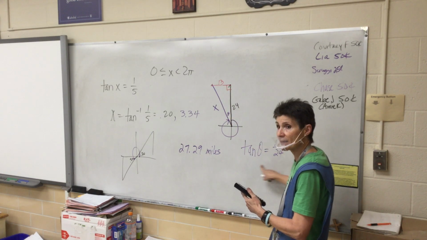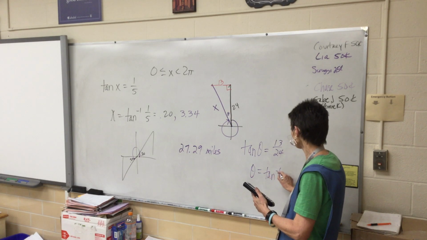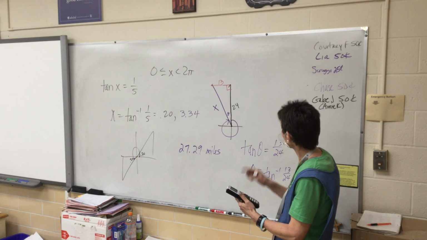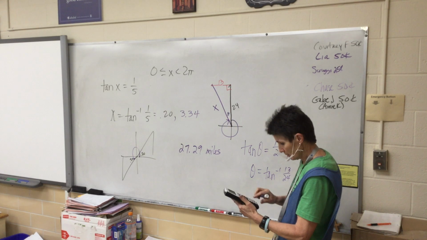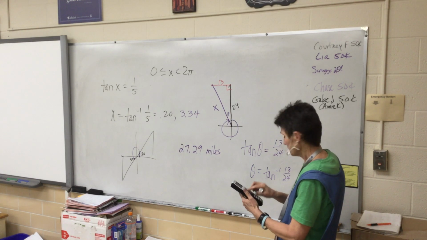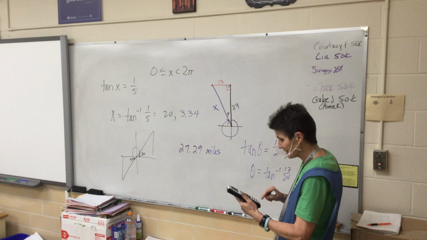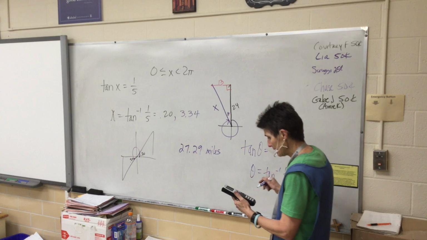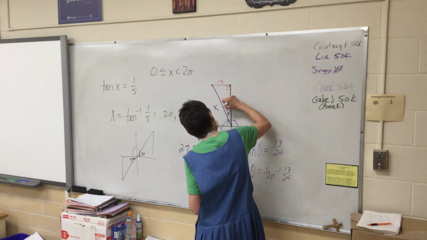And then how do I solve that equation? Second tan. Wait, I gotta be in degrees. Go back to mode, click over to degrees. You really gotta pay attention to that, a lot of switching back and forth. So second tangent, 13 divided by 24, and that's 28.44. So theta is 28.44 degrees.